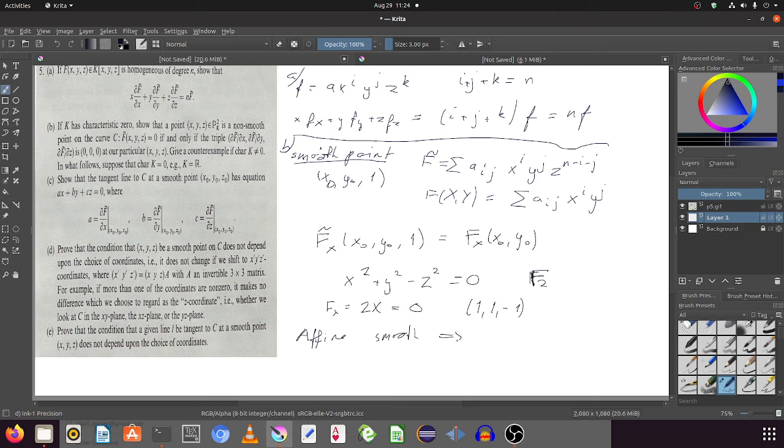so we have shown this. So to show it the other way, we could have one where the derivative with respect to z was non-vanishing, but the derivative with respect to the other two were.